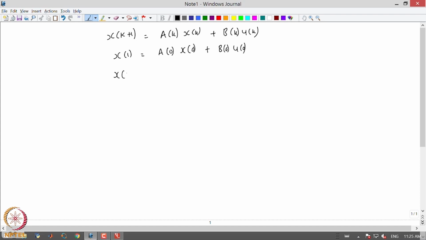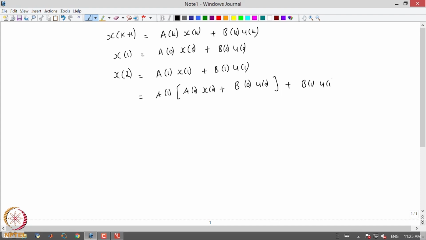Similarly, I can compute x of 2 as A 1 x 1 plus B 1 u 1.